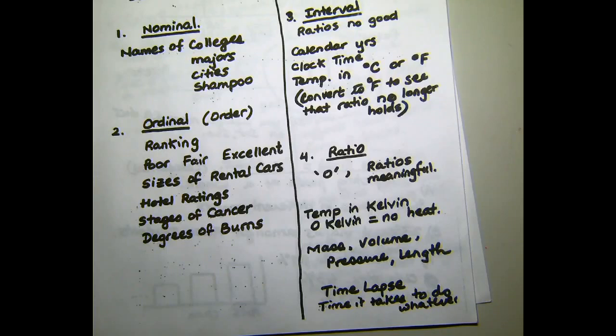The age of a fine wine, or the age of a cheese, or the age of your pet. What would that be? Nominal, ordinal, interval, or ratio? What do you think? Interval, why?